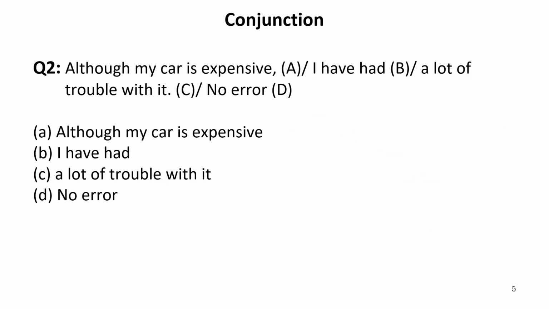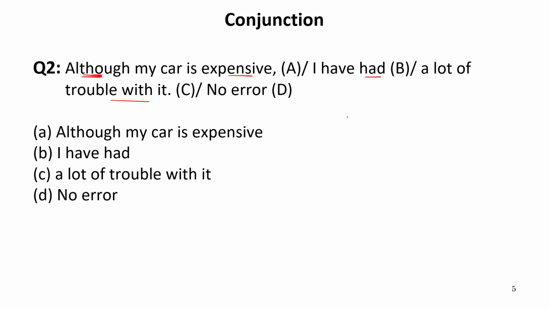Although my car is expensive, I have had a lot of trouble with it. Now this although refers to though, although, despite, in spite of, notwithstanding. It means when this thing doesn't matter at all. So although is used where the clause doesn't matter at all.